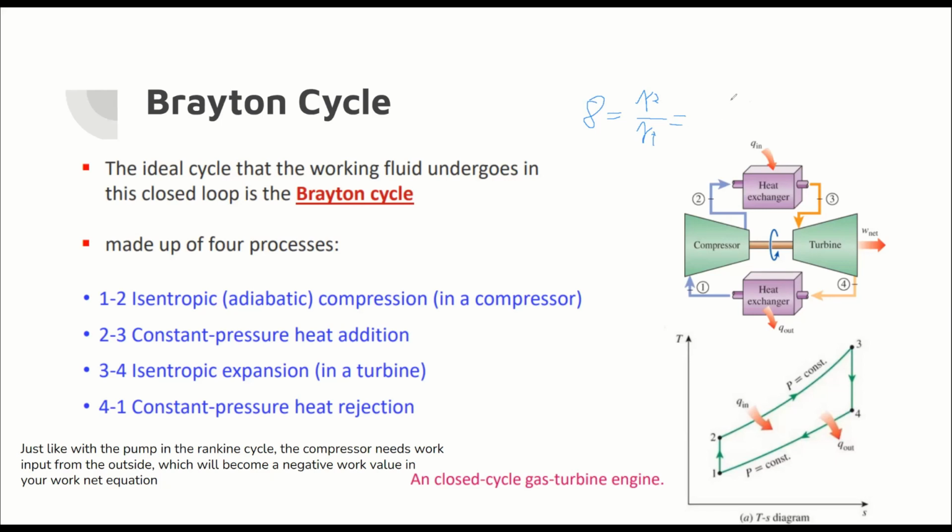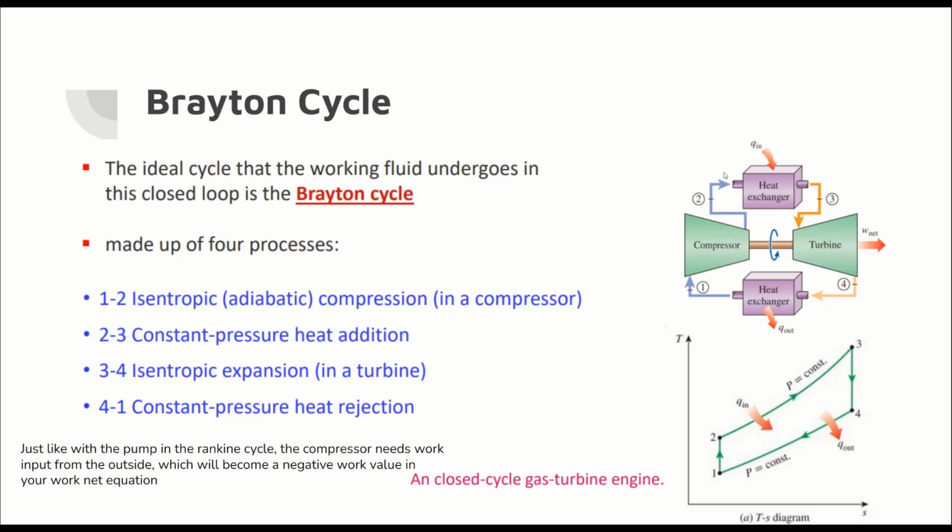Or the other way around, the pressure at state 3 divided by pressure of state 4 is equal to 8. Usually it's P2 and P3. If you select 2 to be right here in between the compressor and the heat exchanger, and state 3 to be between the heat exchanger and the turbine, then this applies. If it's smaller than 1, then it's the other way around. It'll be P1 divided by P2 or P4 divided by P3. You just memorize that P2 and P3 are usually larger than P1 and P4.